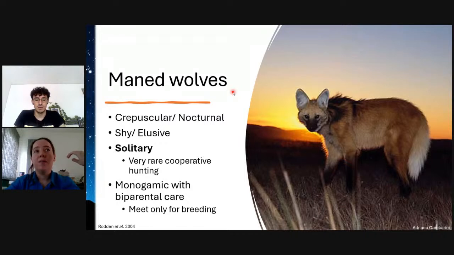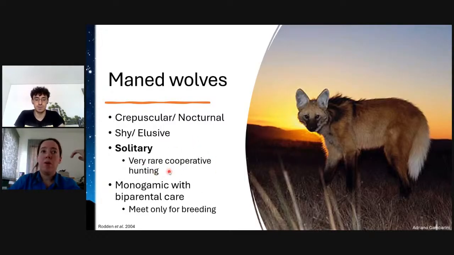First, they are very difficult to study because they are nocturnal, they are very shy, and they are solitary. Unlike other big canines, they do not form packs.